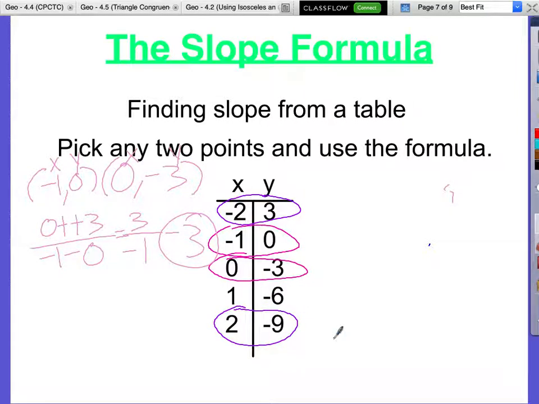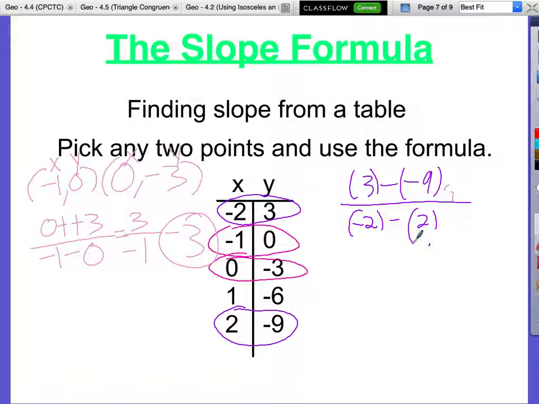Did you get the same answer? Did you get negative 3? Negative 3 over 2. I think we might have done some math wrong. Because if we work this one out, we have 3 minus a negative 9 over negative 2.